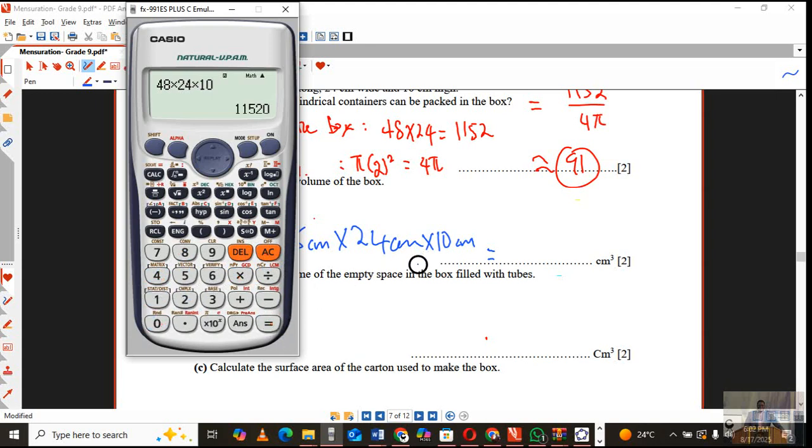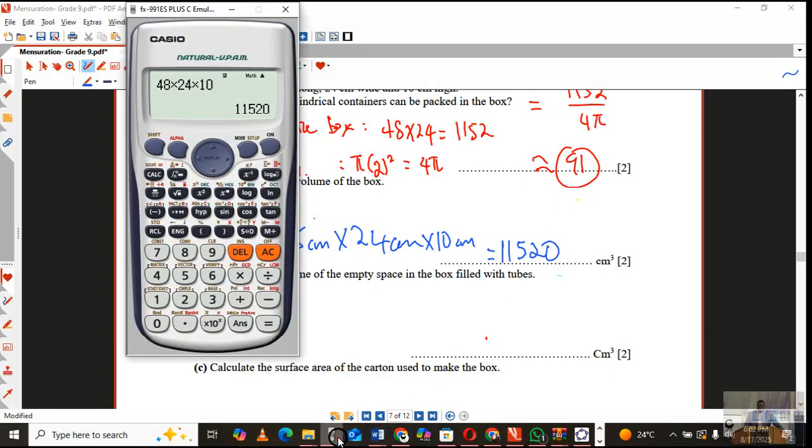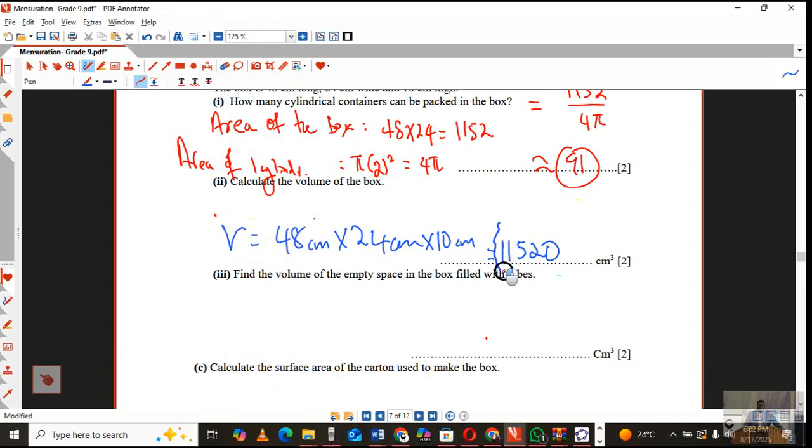Of course, 11,520, not 10, 20. This is the volume, and this is in cubic units.